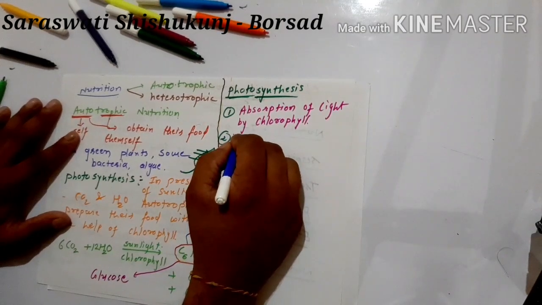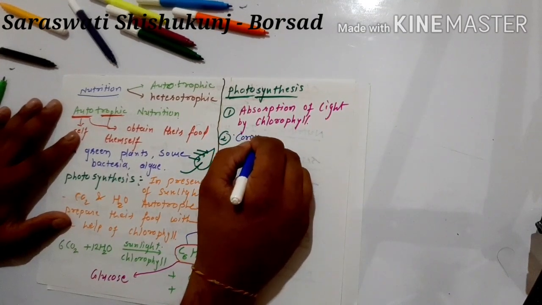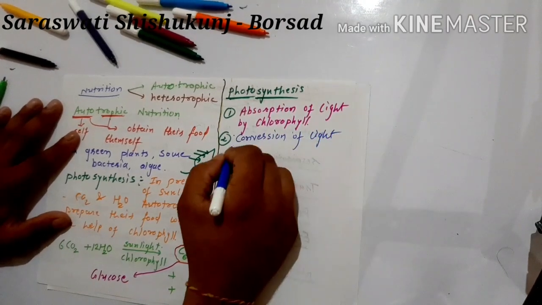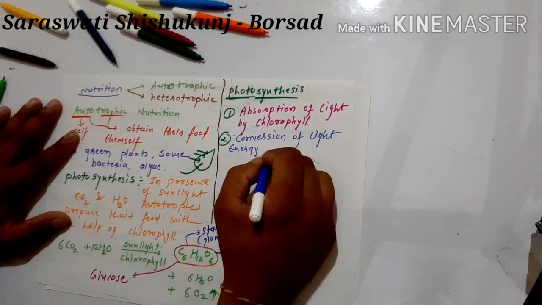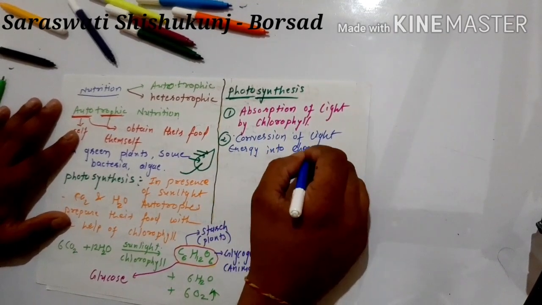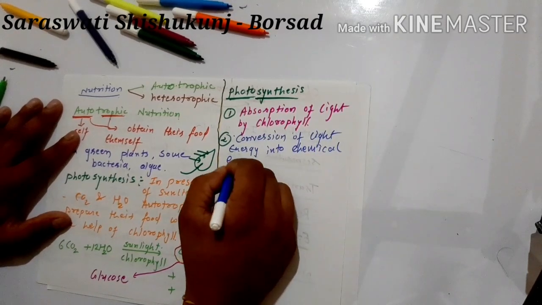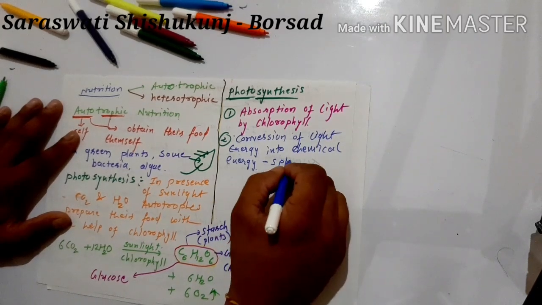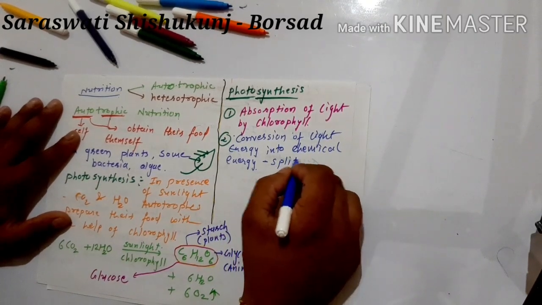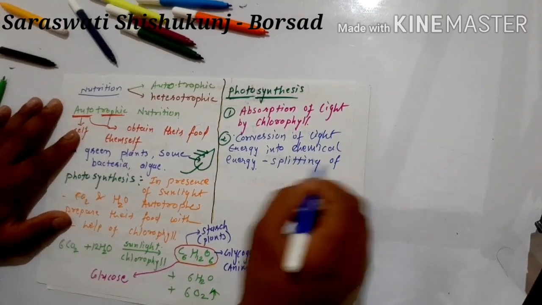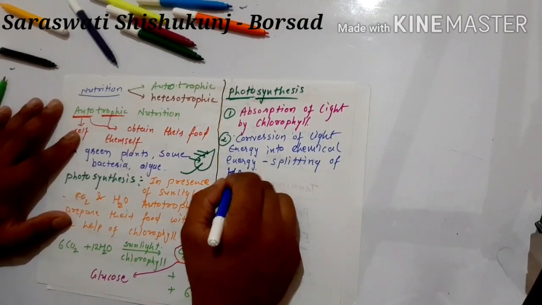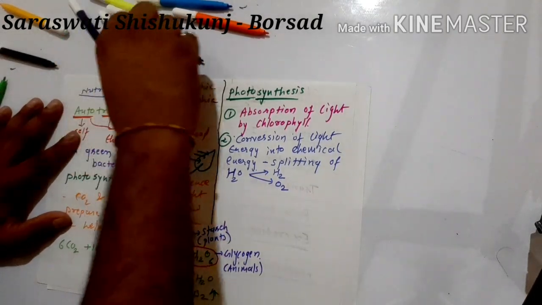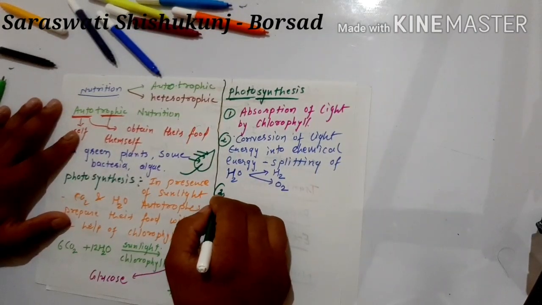So here we will have conversion of light energy into chemical energy. And when this is done, there will be splitting of H2O. The water molecule will get split into hydrogen and oxygen. So this is the second step of photosynthesis.